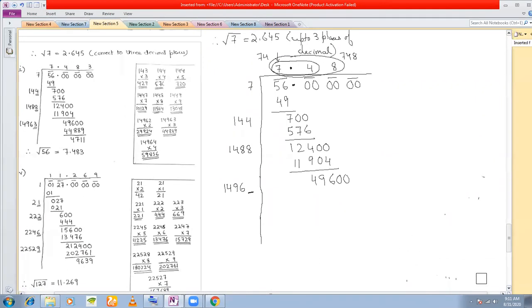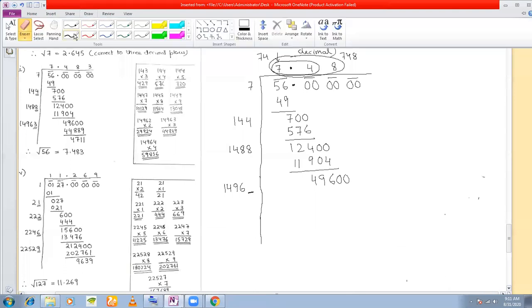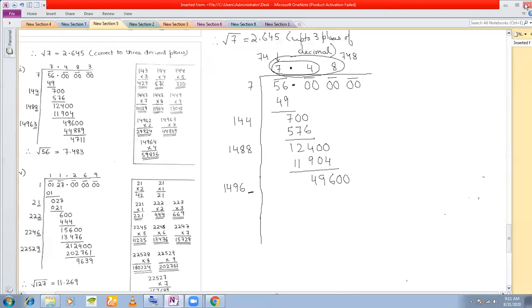You've got 49,600, and whatever digit you place here, the number will be very close to 14960, which is very close to 15,000.